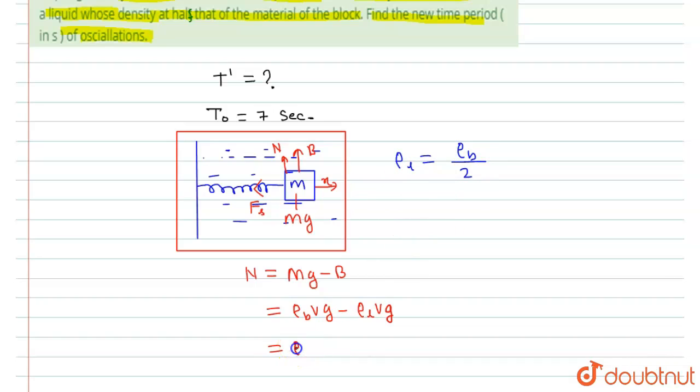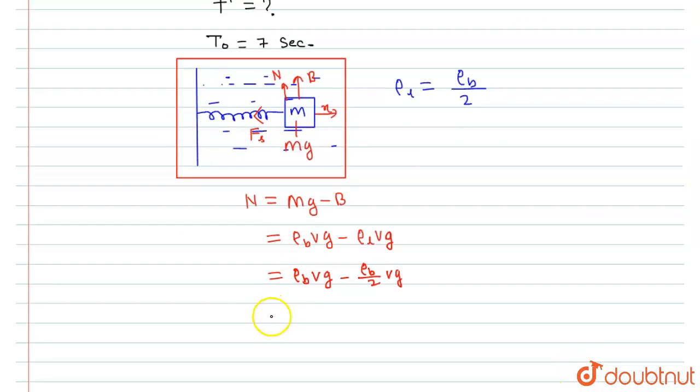So we can write rho B V g minus rho B divided by 2 into V into g, which equals rho B V g divided by 2.